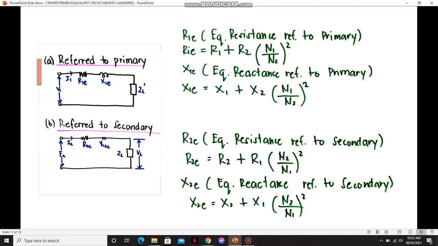So this, as I said earlier, we can transform the circuit diagram to either side, primary or secondary.